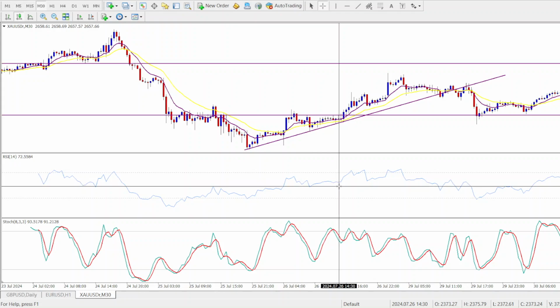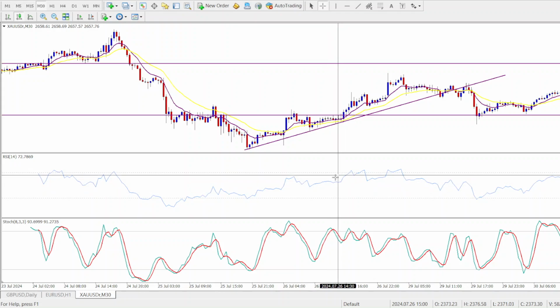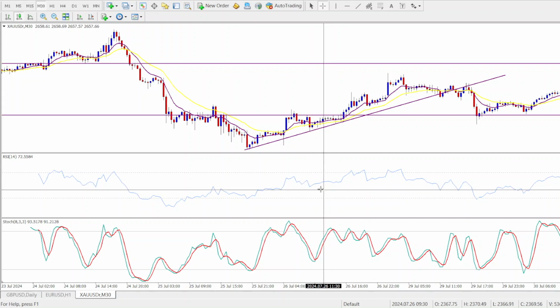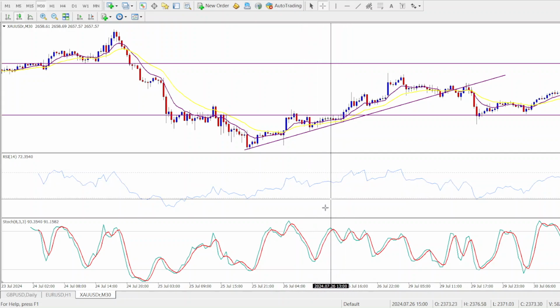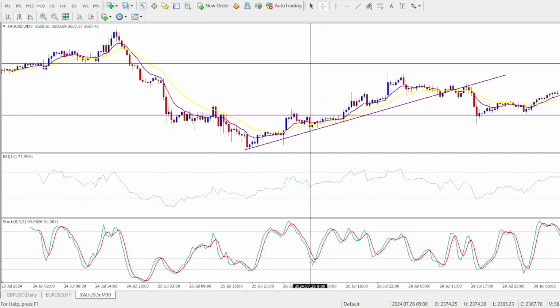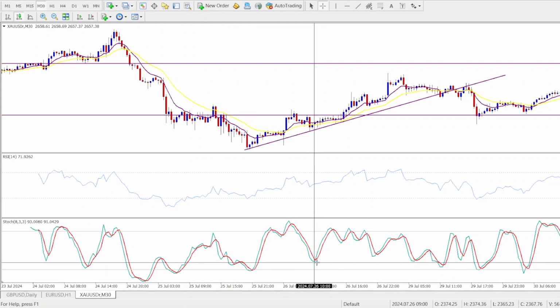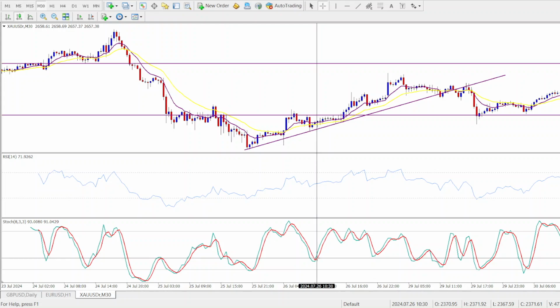Okay, then now let us go to the RSI. We can see that the RSI is trending upwards, showing bullish momentum. So we've gotten another buy signal from the RSI. And finally, the crossover happened on the stochastics, giving us our fifth signal.